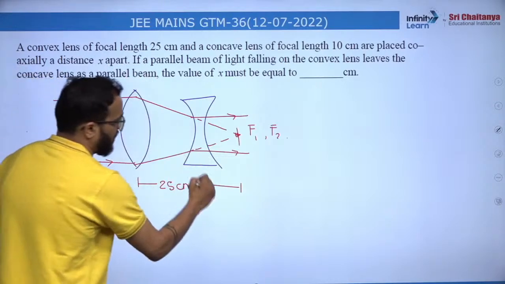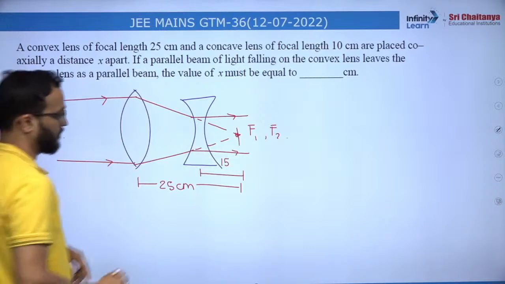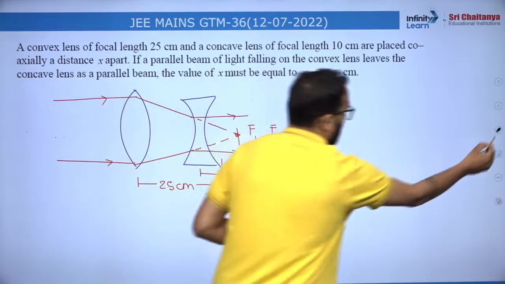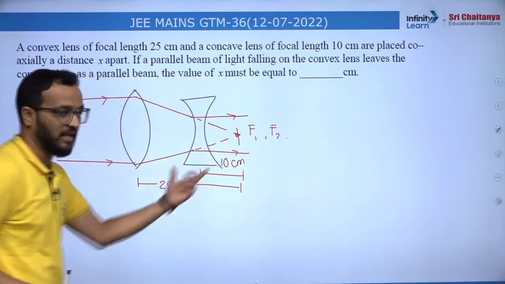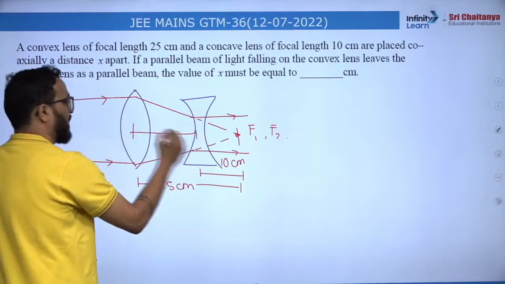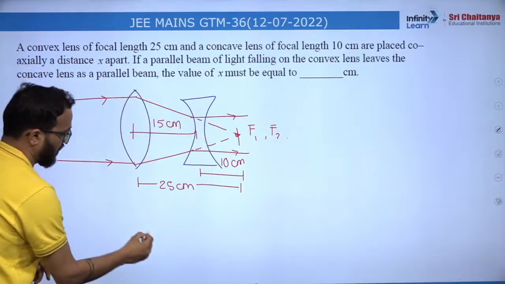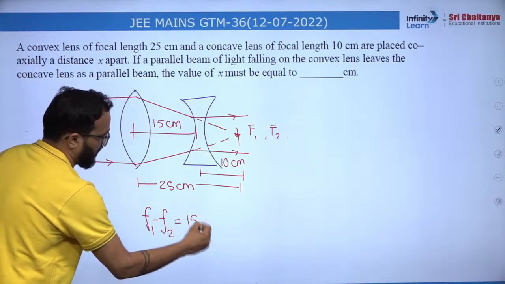So that means this distance will be what? 10 centimeter, I guess. This distance will be 10 centimeter, right? So what is this gap? This gap is 15 centimeter. Okay. So your answer is F1 minus F2, that is 15 centimeter.